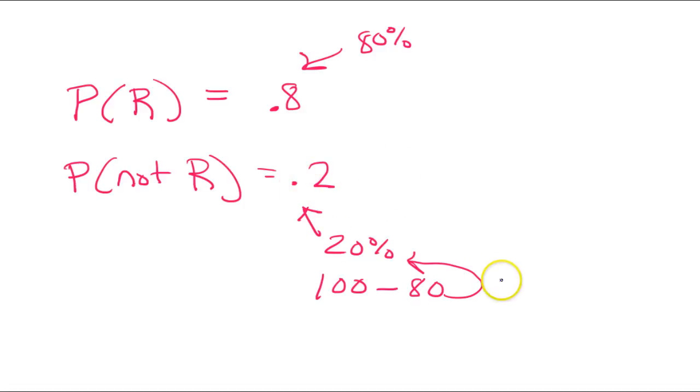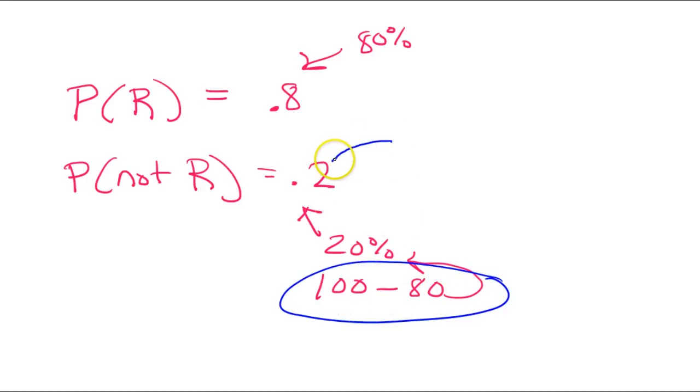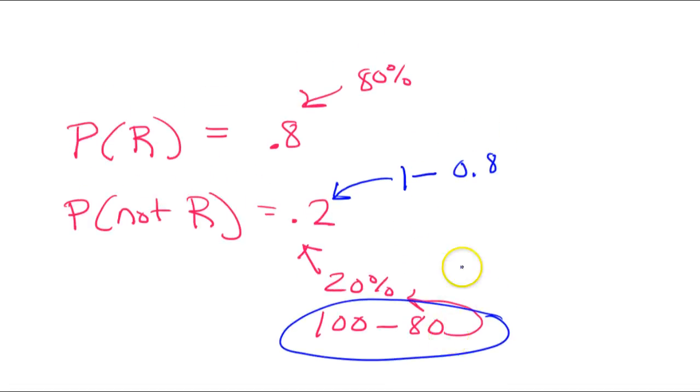Now, here's the key part of this lesson. Just like when I'm dealing with percents, I did 100% minus 80%. In decimal form, if I want to find the probability of something not happening, what I'm doing is I'm subtracting from 1. If I do 1 minus 0.8, that gives me 0.2.